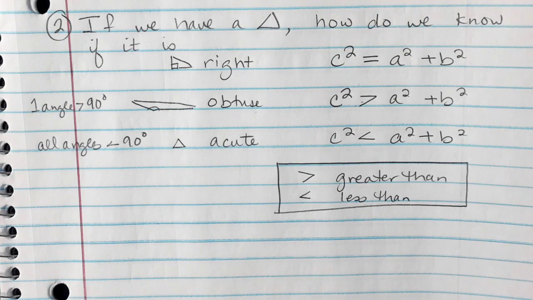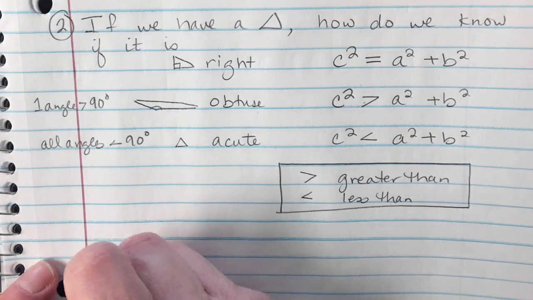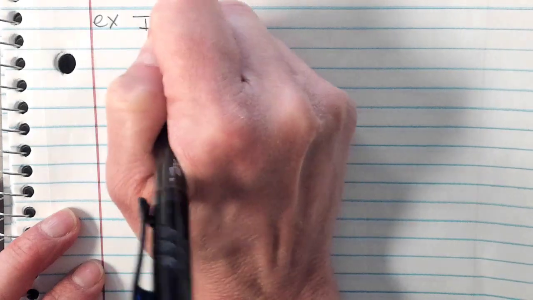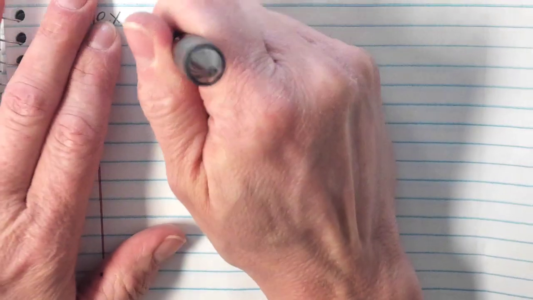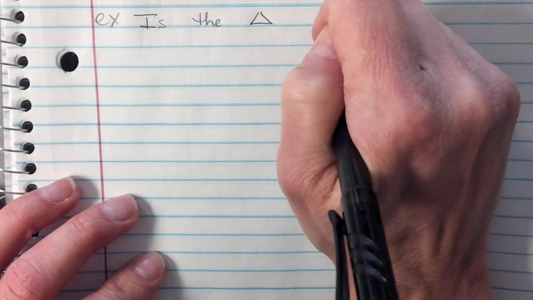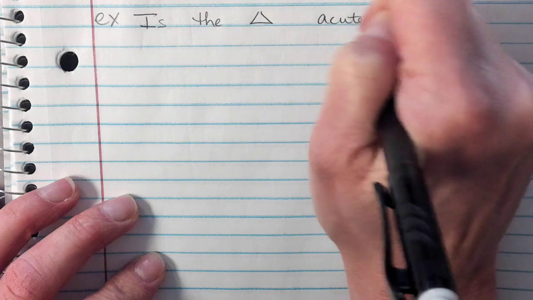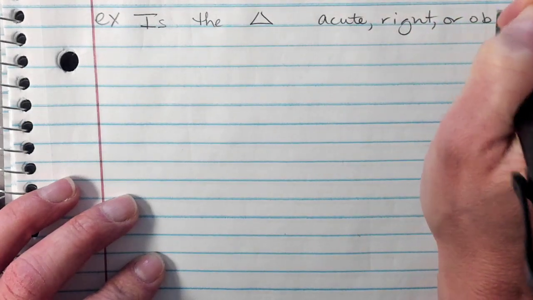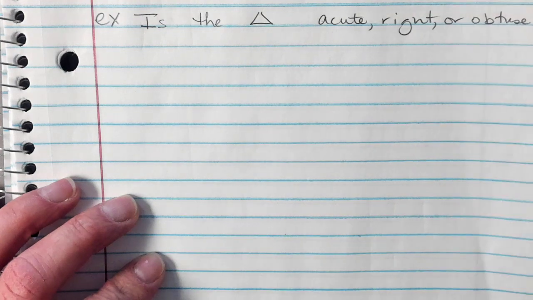Ready? So our task now, and I'm going to scoot this up, is to say, is the triangle acute, right, or obtuse?